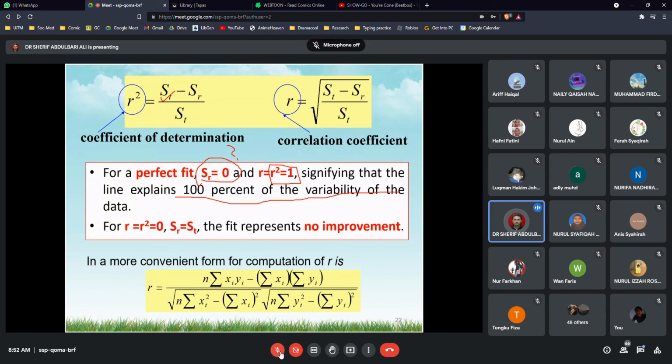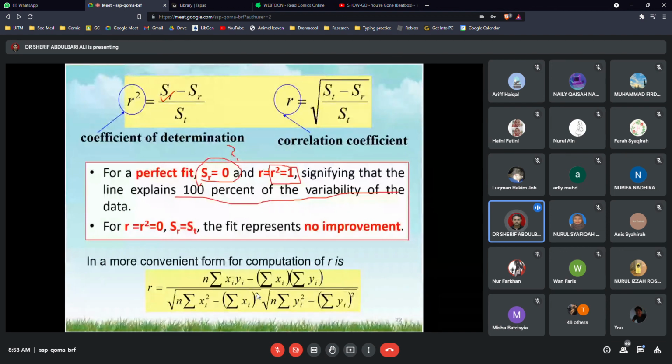When SR is equal to 0, SR actually is what? Error. It's the error, right? Correct.